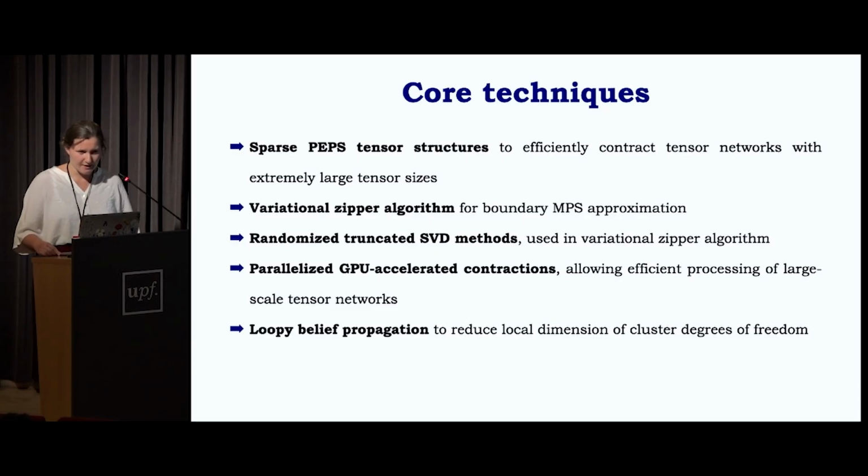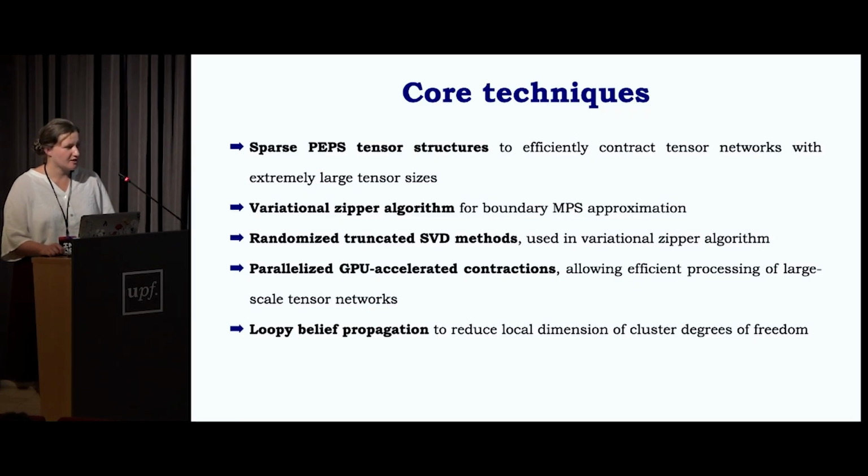We also use batched matrix multiplication, and we accelerate the computations on GPUs. We also use the variational zipper algorithm for boundary MPS approximation, and in this zipper algorithm, instead of standard SVD for bond dimension truncation, we use randomized truncated SVD, which is faster. However, it may introduce some instabilities, which I will tell you about later.